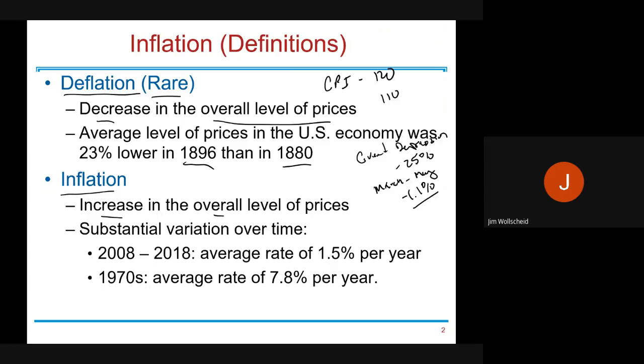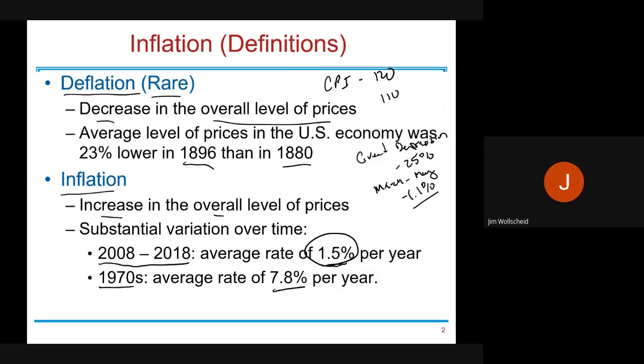If you're a traditional college student, you've not seen high inflation. Inflation in your time period has averaged 1.5%. However, if we go back to the 70s, inflation during that time period was running about 7.8%, almost 8% a year. So different people have different experiences with inflation.